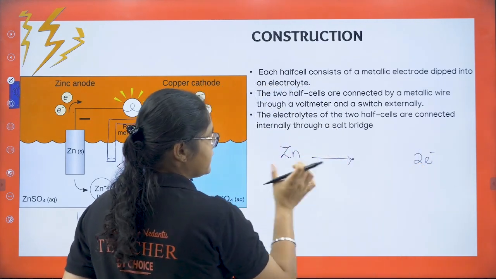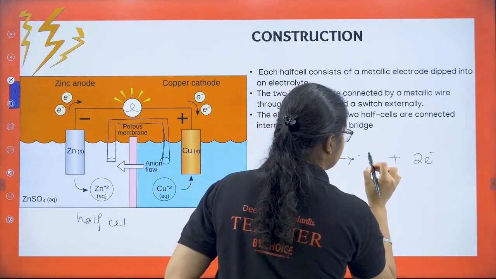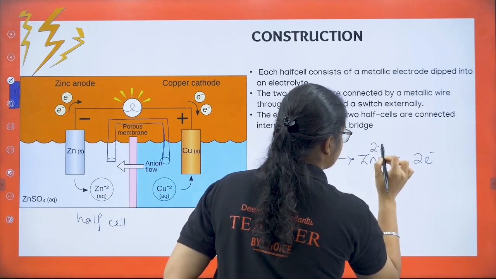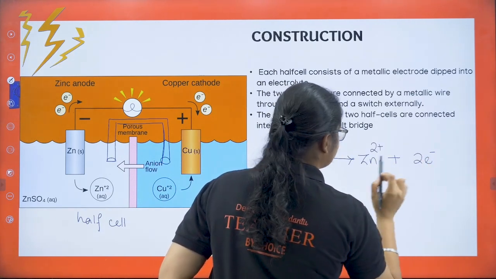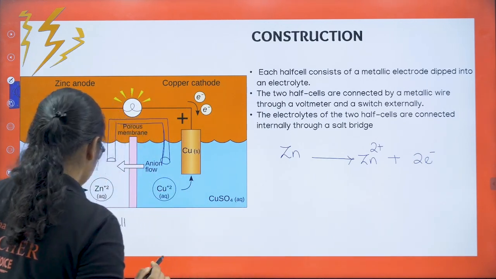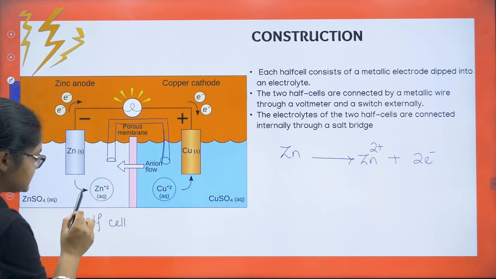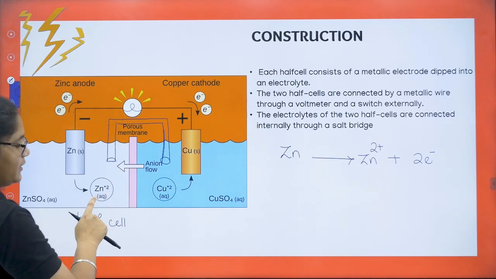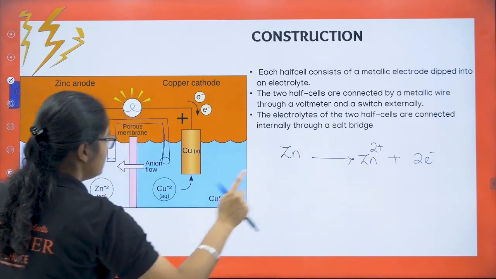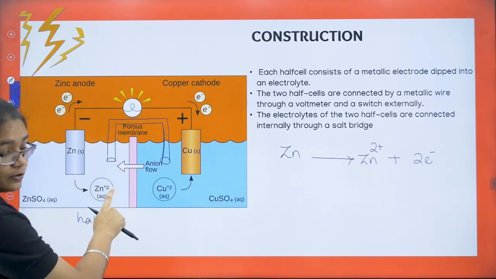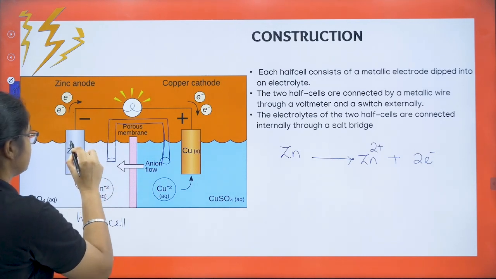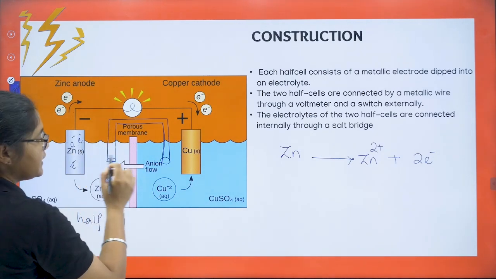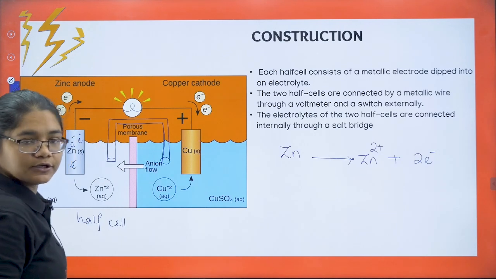If it loses 2 electrons, it becomes Zn2+. The zinc metal comes out of the electrode as Zn2+, because it is now an ion, and there are 2 electrons left on this rod.